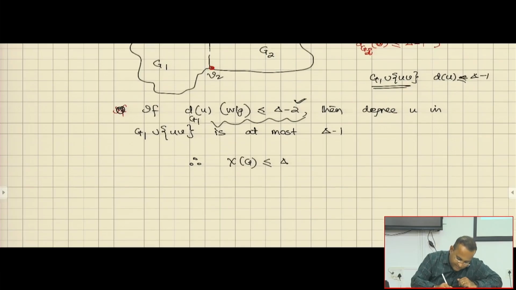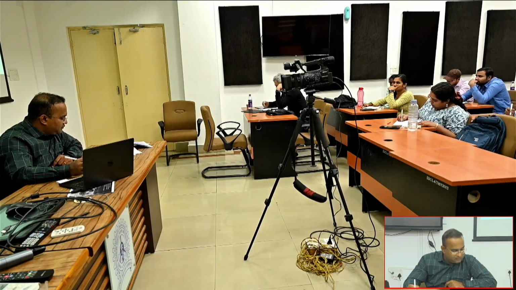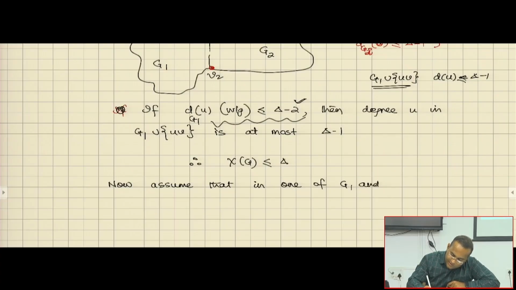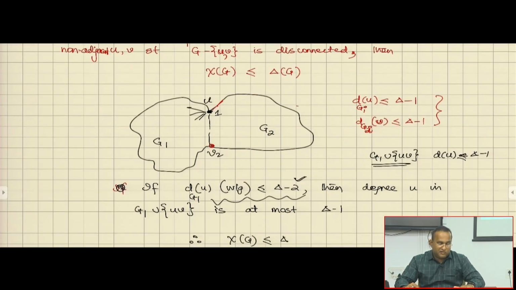So now I assume that in one of G1 and G2, say G1, the degree of U in G1 is equal to delta minus 1, and also the degree of V in G1 is equal to delta minus 1. So in this case, what can we do?